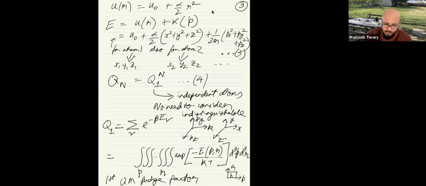So when I count the number of microstates, I have to divide by 2 pi h cut whole cube, because this takes into account P and R together. 2 pi h cut is just h, okay? So I'm dividing by 2 pi h cut whole cube, and this is my Q1. Let's call this equation number 5.